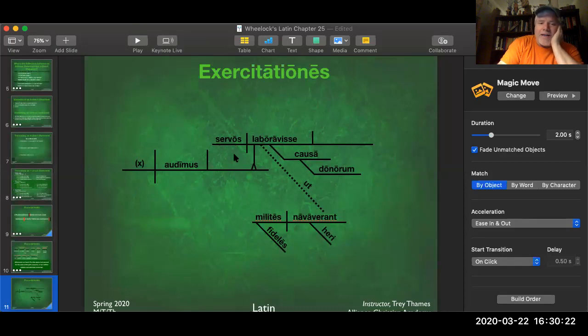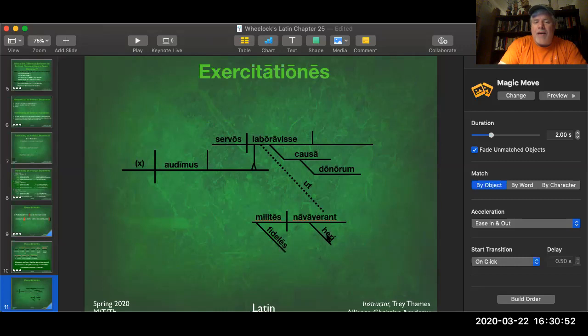We heard that the slaves had worked for the sake, this is an ablative prepositional phrase, for the sake, genitive, of the gifts. They had worked for the cause of the sake of the gifts. We've got a conjunction here, ut, as, just as the soldiers, which is the subject of, I misspelled that, I need to fix it. Just as the soldiers, faithful soldiers, had reported yesterday.